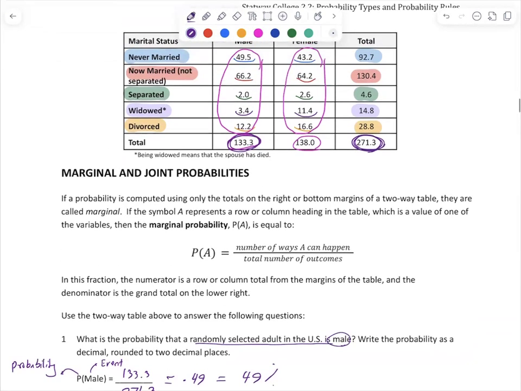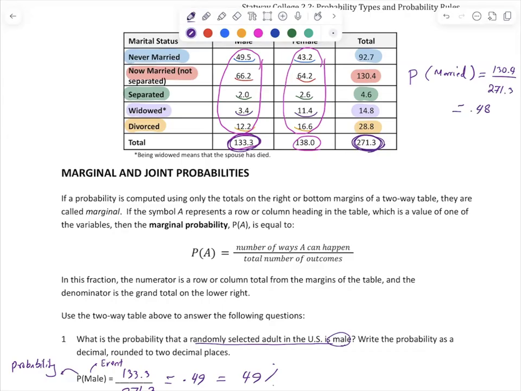So if I randomly select an adult in this category, what is the probability that person is married, right? This is what we calculated before. The number of people who are married is 130.4 divided by the total number of people, 271.3. We just do a division and we calculate that to be about 48%.